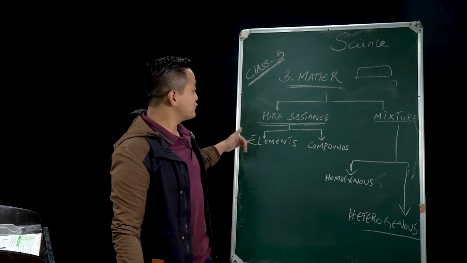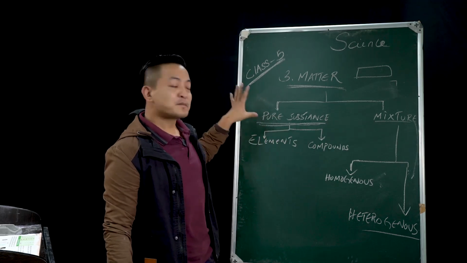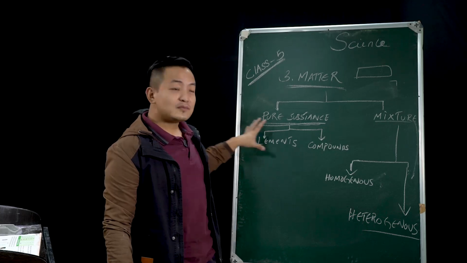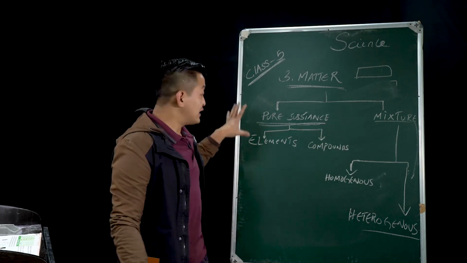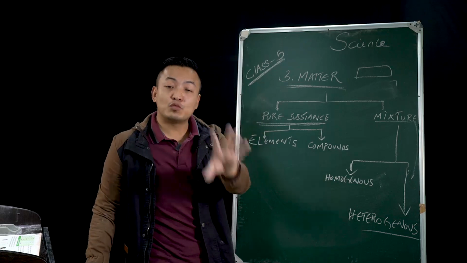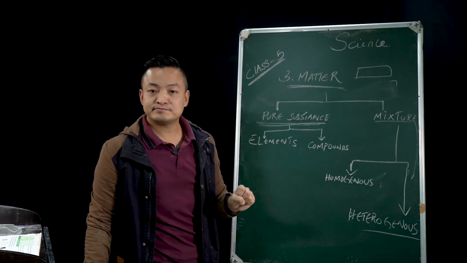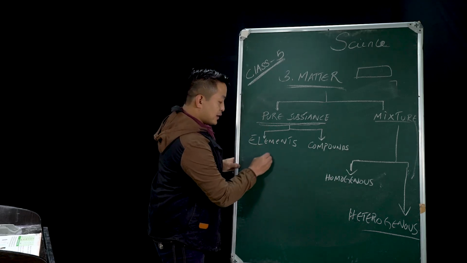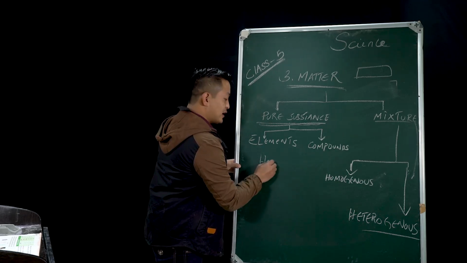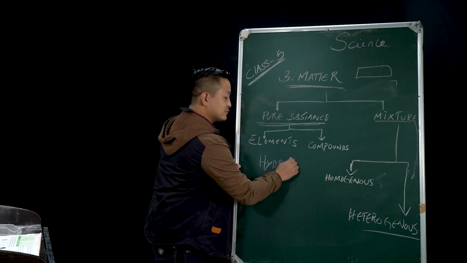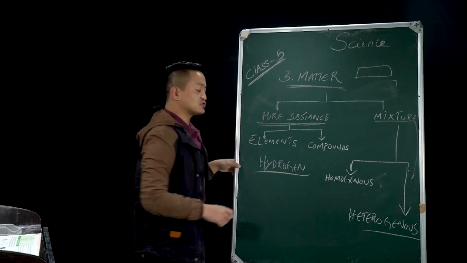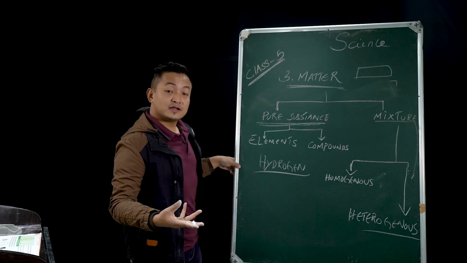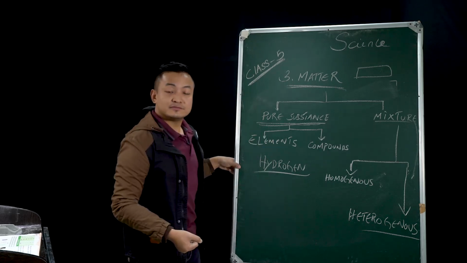So the first one will be element, okay? So elements are composed of only one kind of atom. Clear? Let's say hydrogen, okay? Hydrogen is an element because hydrogen is composed of only hydrogen atoms.